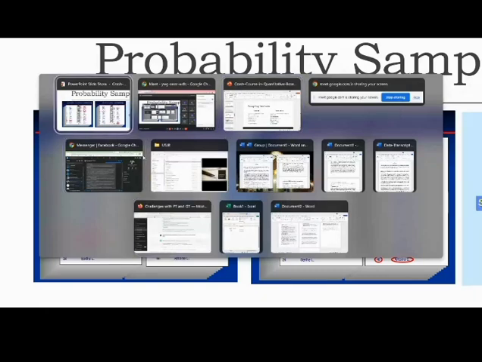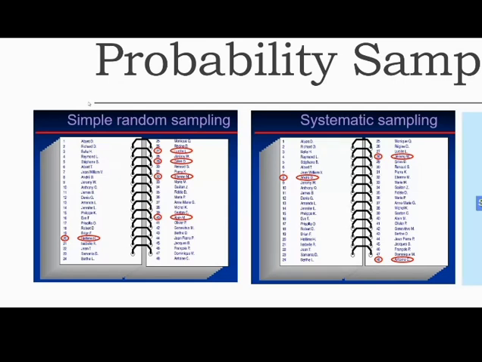Let me see. Alright. The simple random sampling is the very first one, because it's very simple. Based on the picture, what have you noticed?